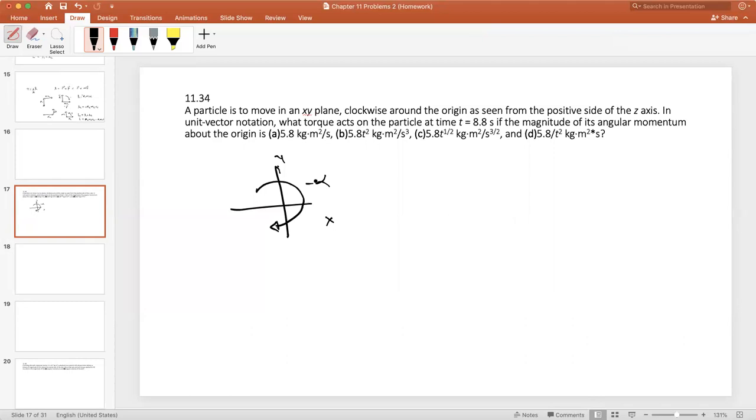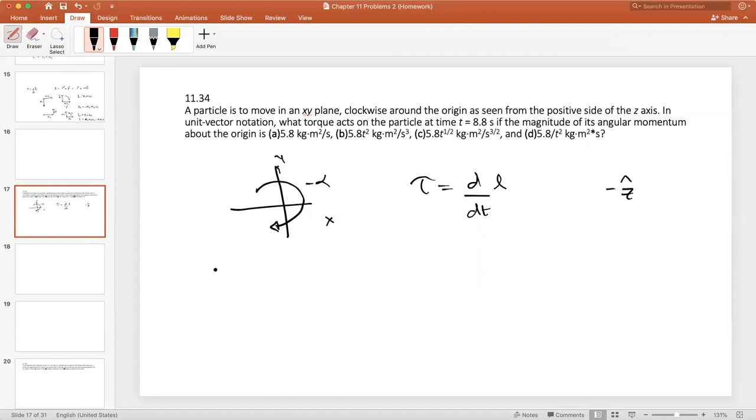So really, what this problem is saying is two things. Number one, we know that torque is the derivative in time of L. And here we're given L is 5.8 kilogram meter squared per second for A, B is 5.8 times t squared, and so on. Secondly, you know that this is going to be in the negative z hat direction. So all we have to do for A, B, C, and D is take this derivative and we're done.